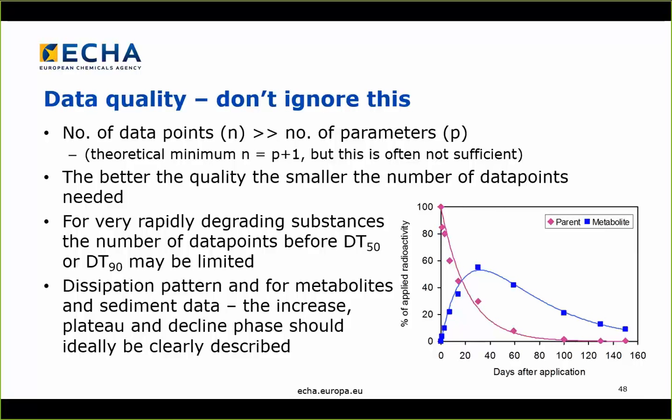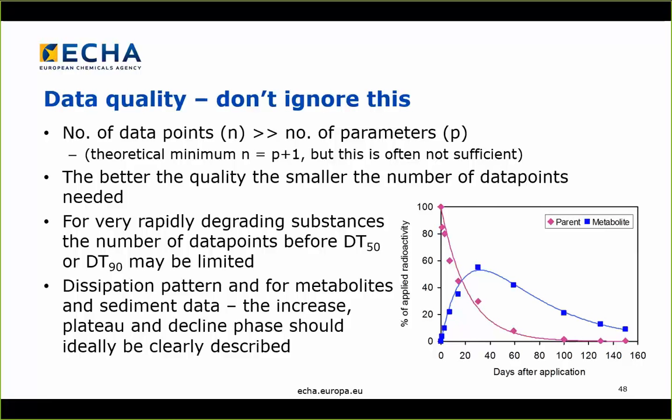In these instances, we wouldn't reject the data simply because there's not enough data points. What we would do, only for rapidly degrading substances, is follow the normal FOCUS kinetic rules, and if we could find an acceptable fit, we would make use of that DT50.